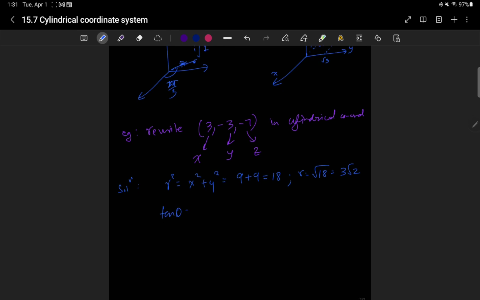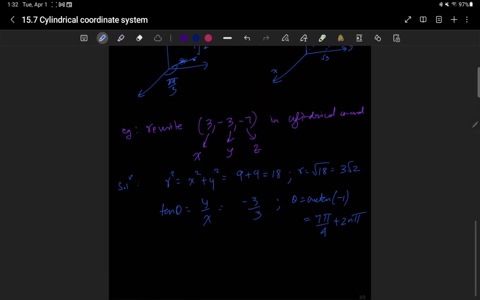And I have tan theta is -3 over 3, or well, if you're writing the expressions here, let me be consistent, so y over x, which is -3 over 3. So theta is going to be inverse tan of -1. And inverse tan of -1 is going to give me 7 pi over 4 plus 2n pi as a general solution.